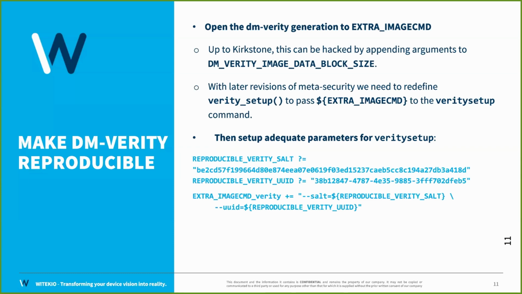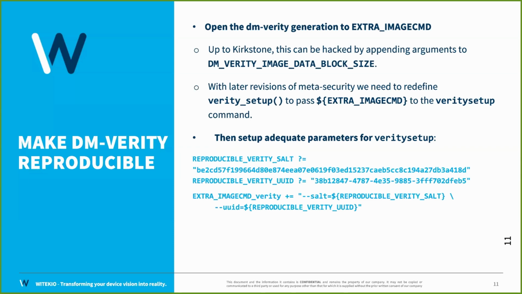So until Kirkstone, we can hack that by passing extra arguments to DM_VERITY_IMAGE_DATA_BLOCK_SIZE, which is obviously used to pass the block size to the dedicated flag, but which isn't quoted when it's used. So we can add other flags and whatever we want.